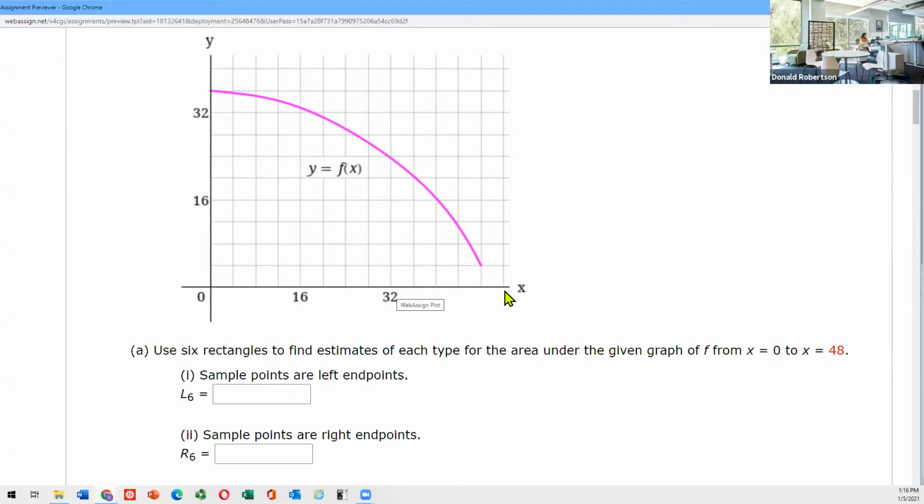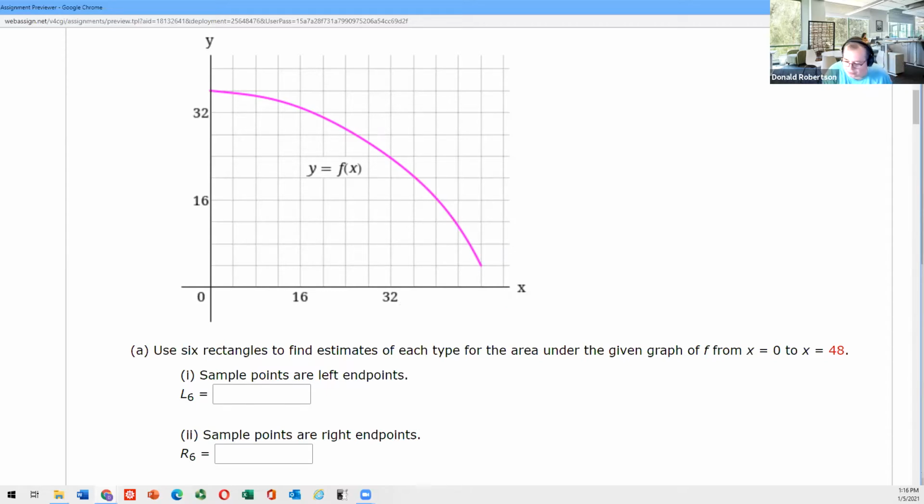So again, you can't see me doing this, but I'm writing down what I'm talking about. It's going to be 0, 8, 16, 24, 32, 40, and 48.